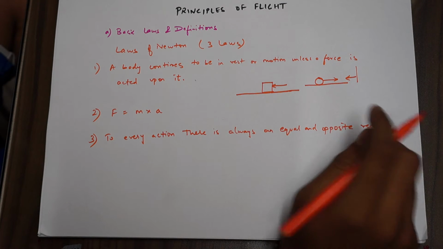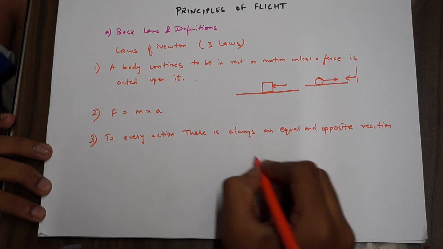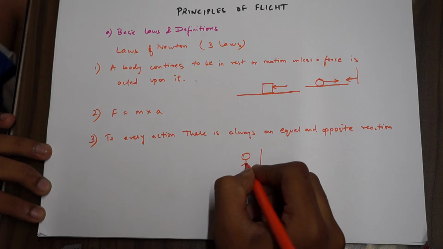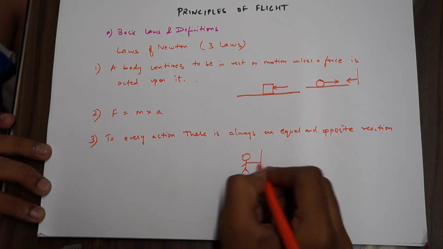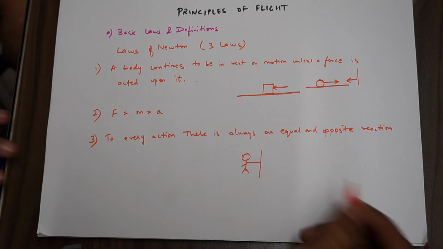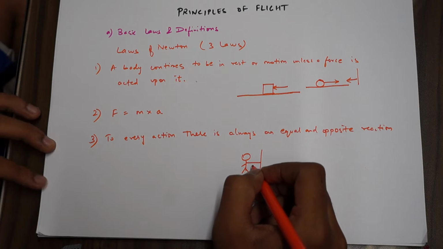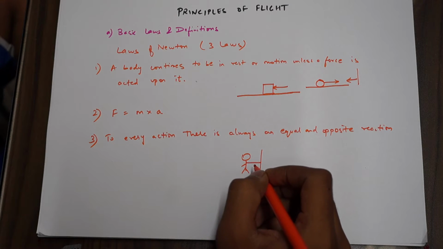Suppose you're standing against a wall and you are trying to push the wall. The wall is exerting an equal and opposite pressure against your body. So this is Newton's third law.